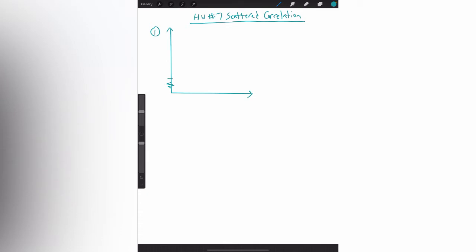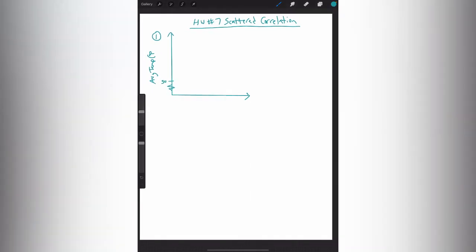So I'm going to make my first point at 50. And right along the side, this is going to be the average temperature, in degrees Fahrenheit.